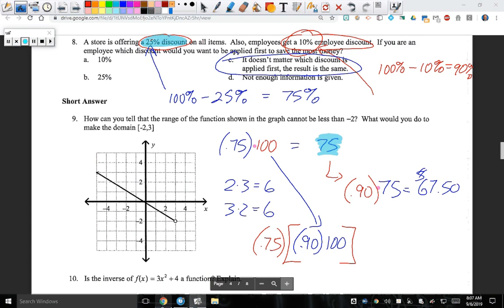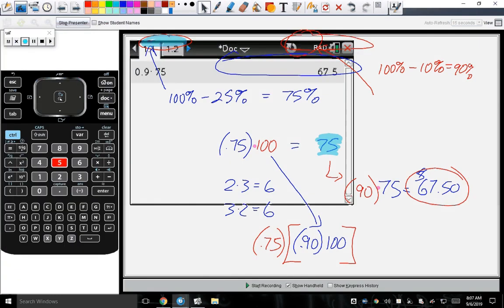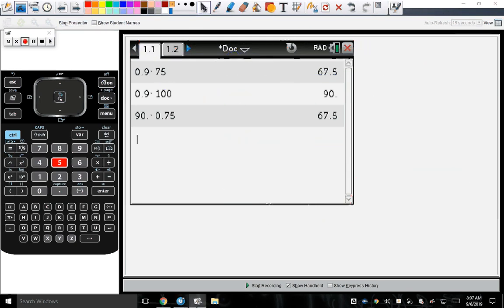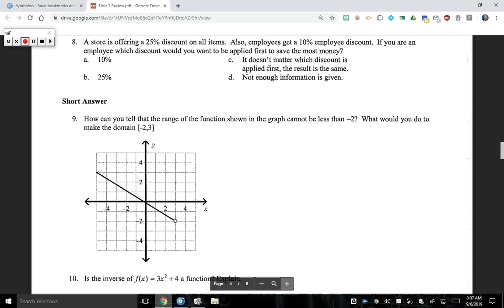Either way, you're still going to get $67.50 again, because order doesn't matter with multiplication. Let's show that. 90% of 100, you get $90. And if I multiply that by 75%, you see that I still get $67.50. So order does not matter with multiplication.